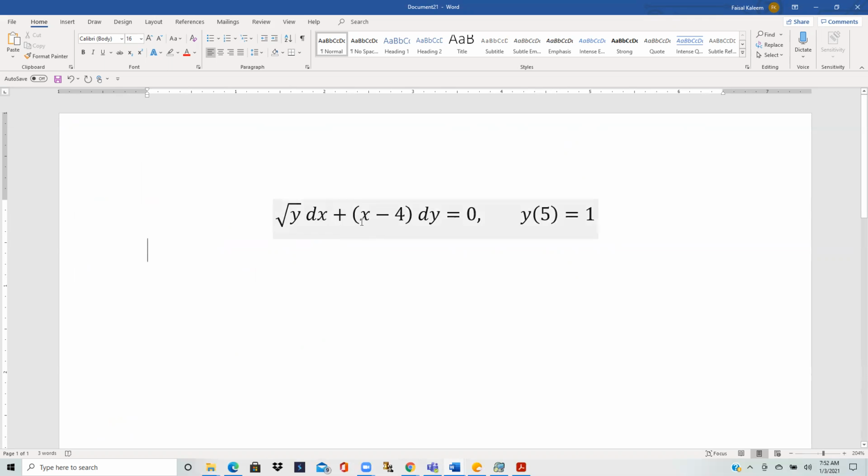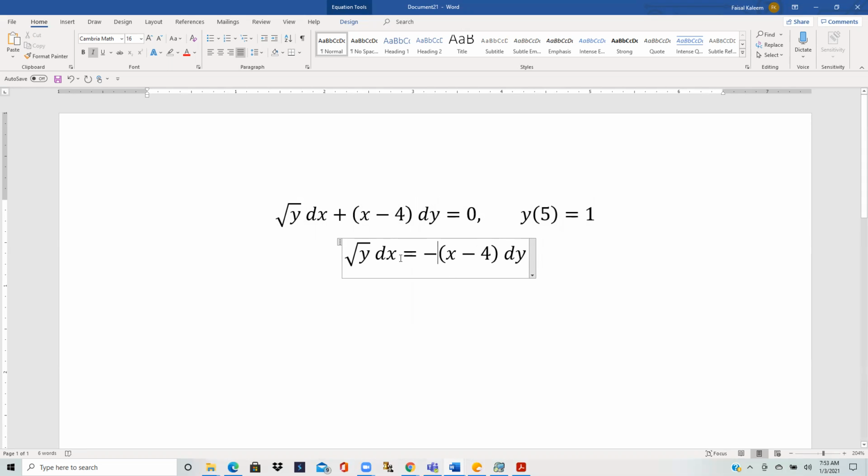In this kind of situation, the way we do it is we just move all this to the right hand side first. So I'll just rewrite this. And I move all this to the right hand side, so it becomes equal to the negative of this.